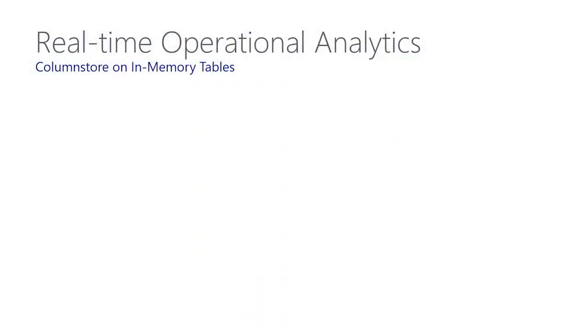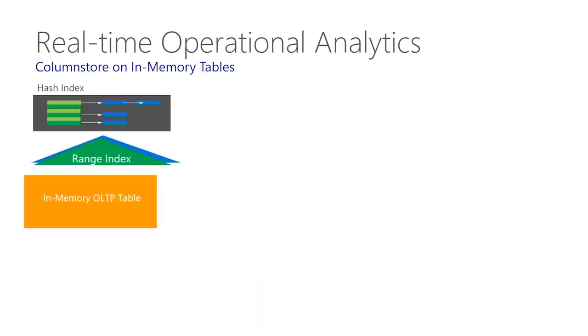Real-time operational analytics with memory-optimized tables is done in a very similar way to how we did it for disk-based tables. What I'm showing here is a database for a transactional workload, which has one or more memory-optimized tables. This is one example of a memory-optimized table, and what you see here is a hash index and a few range indexes that you need for your transactional workload.